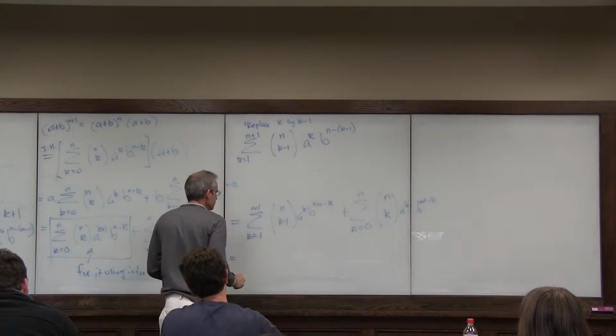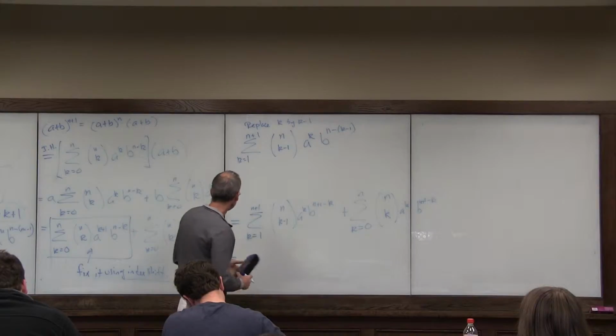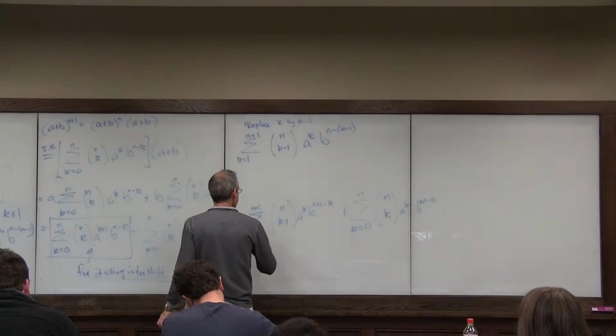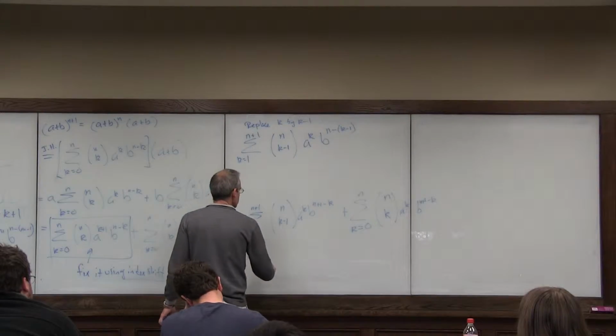So this equals, so I'm going to take off the n plus first term. So this is going to be a to the n plus 1. Yeah, so we're going to get n choose n, right?